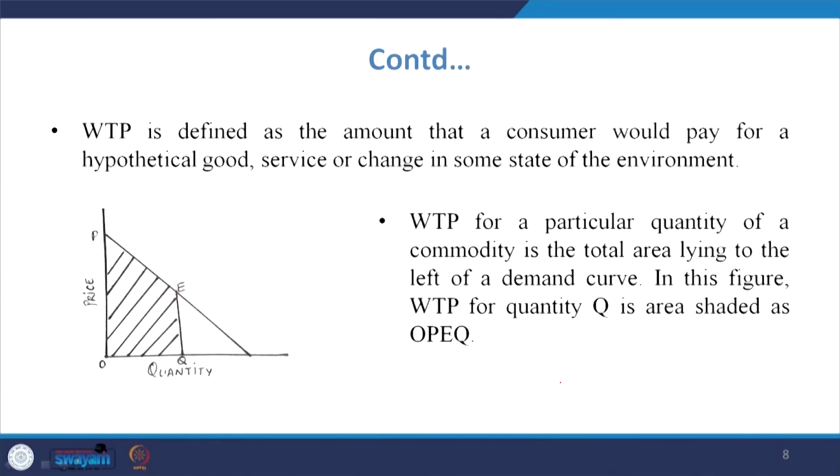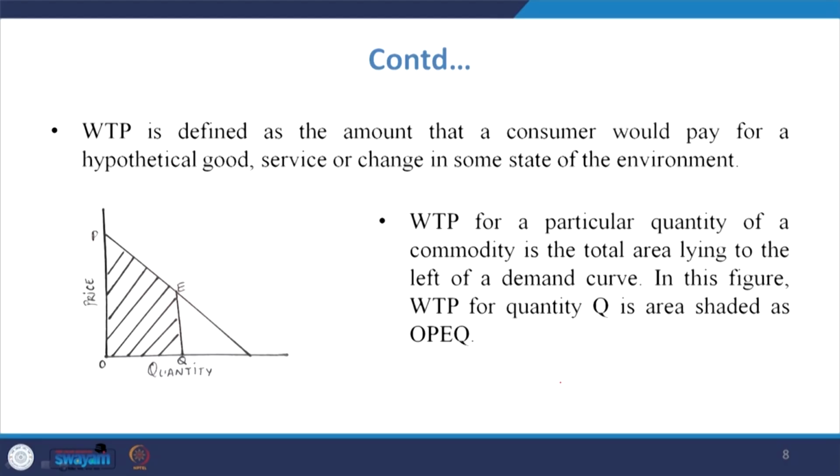We have this demand curve, with price on the vertical axis and quantity on the horizontal axis, and marginal willingness to pay is defined as the amount the consumer would be willing to pay for a hypothetical good or service or change in some state of the environment.